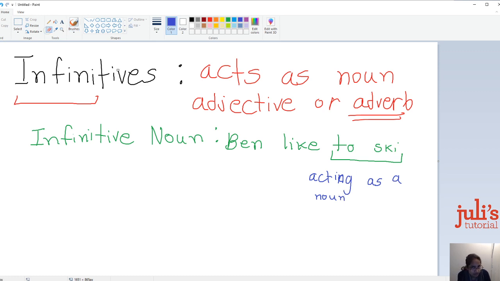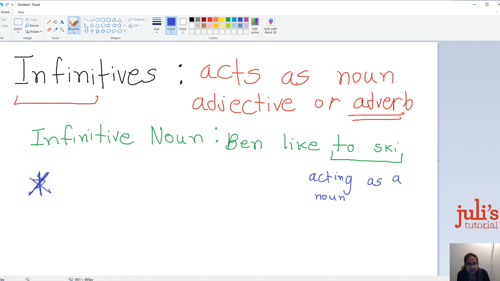Gerund was a verbal form that was acting as a noun. Let me tell you what the difference is. A little tricky, but an infinitive, you know it's always an infinitive if the phrase typically begins with the word to. This is the main definition.